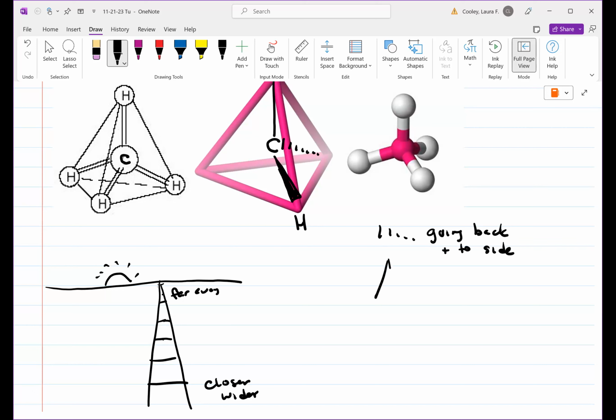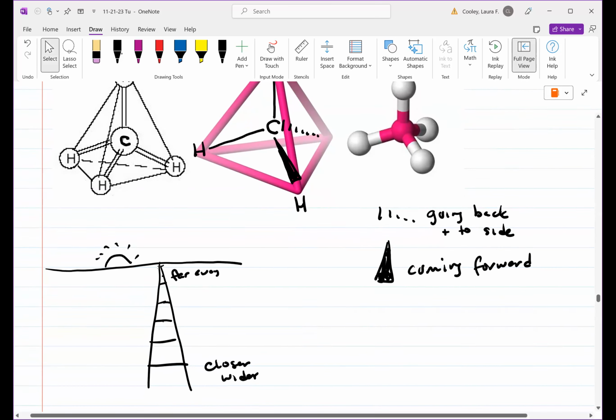And this wedge is coming forward. So if you've been struggling with the math part of this course, because you're an artist or something, you might like this better. You can draw these tetrahedral structures maybe more easily.